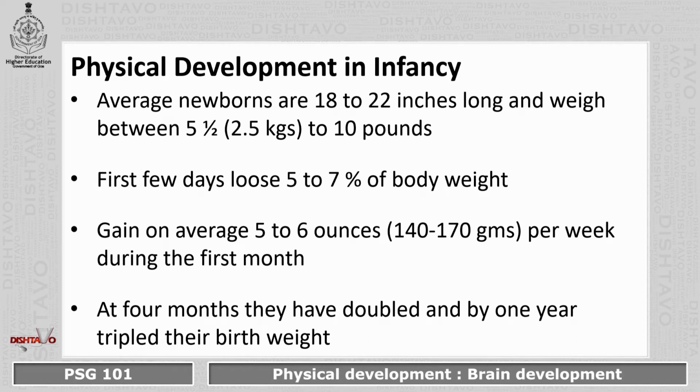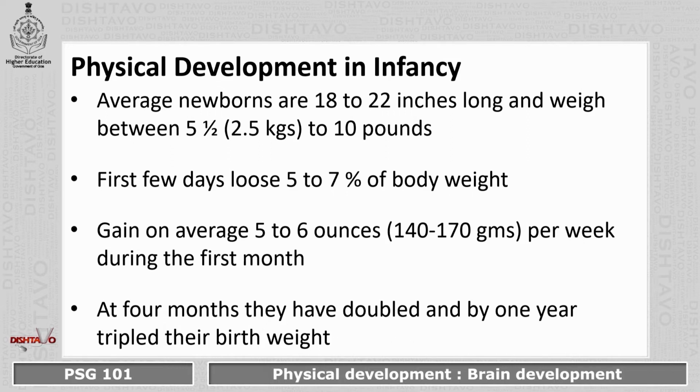In the first several days of life, newborns lose between 5 to 7% of their body weight. Once infants adjust to sucking, swallowing, and digesting, they grow rapidly, gaining an average of 5 to 6 ounces per week. That is approximately 140 to 170 grams per week, and this occurs during the first month.